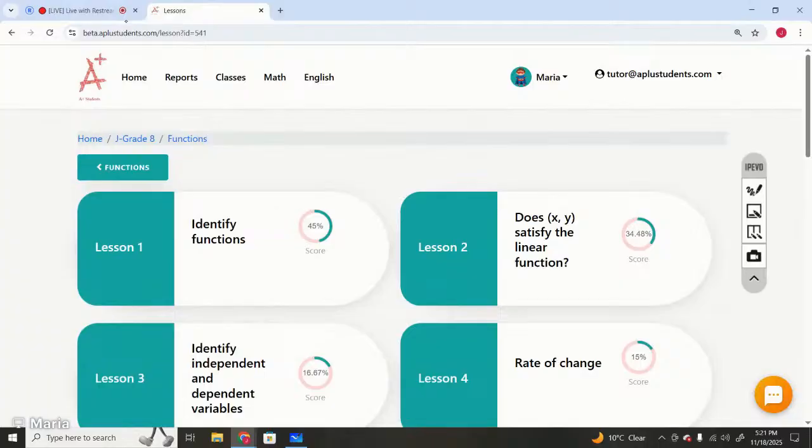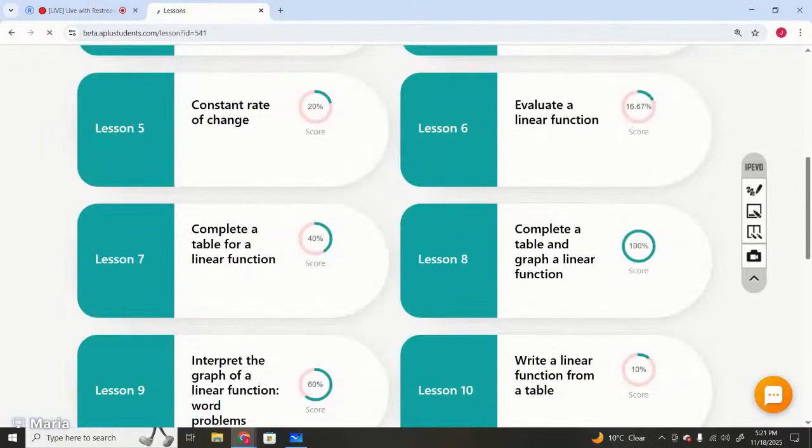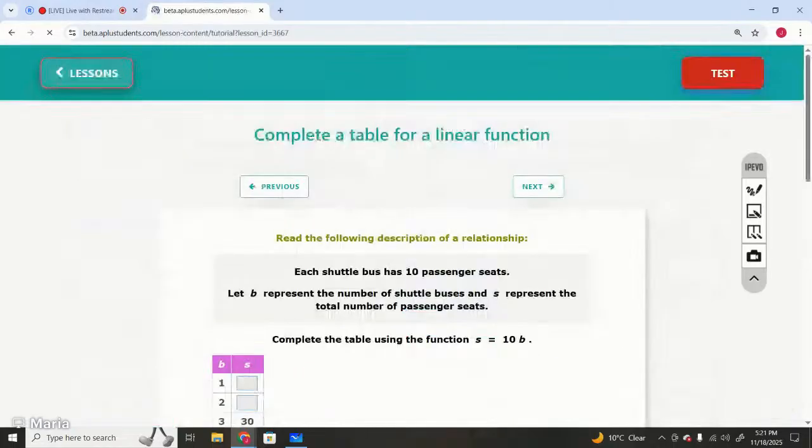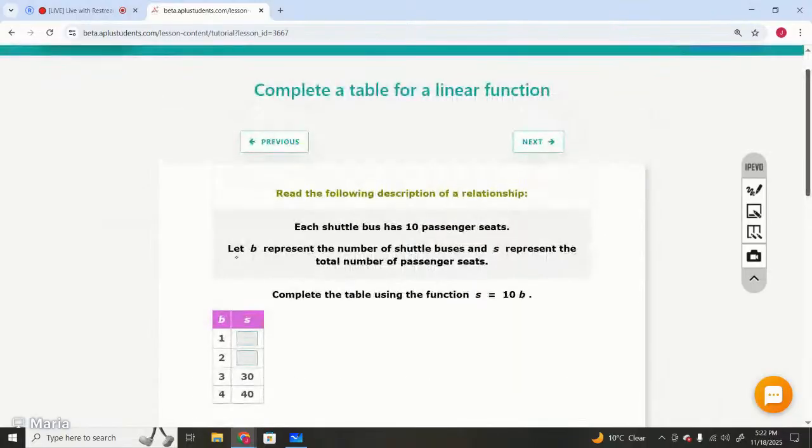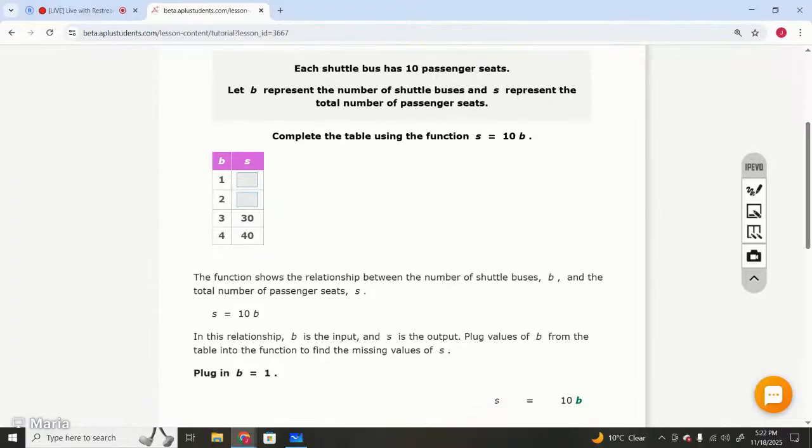The next lesson is complete a table for a linear function. Each shuttle bus has 10 passenger seats.